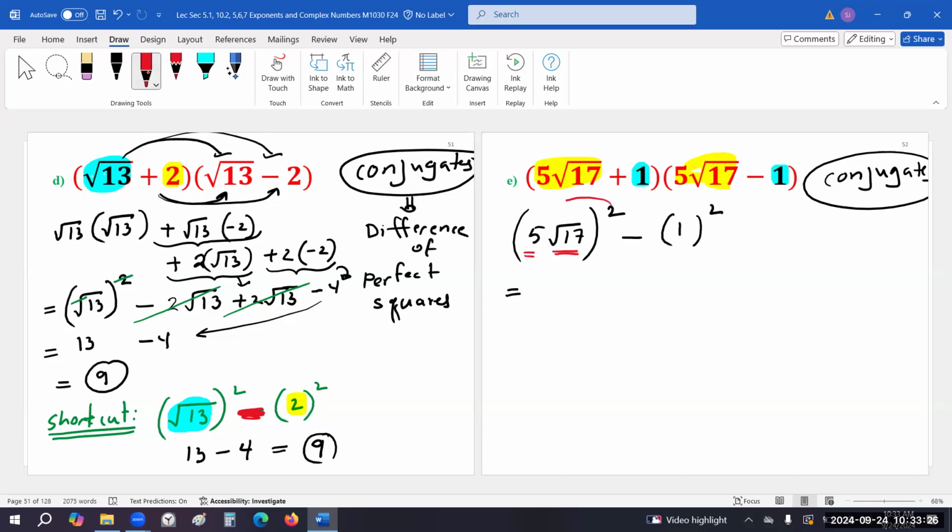So don't forget, we must distribute the power to both of them. So you get 5 squared and square root of 17 squared. Minus what is 1 squared?